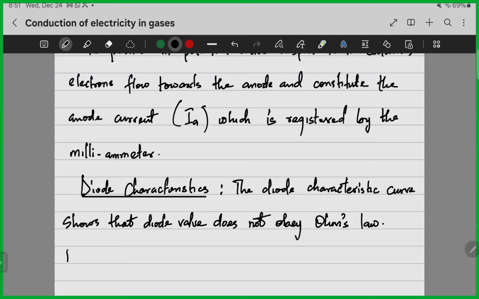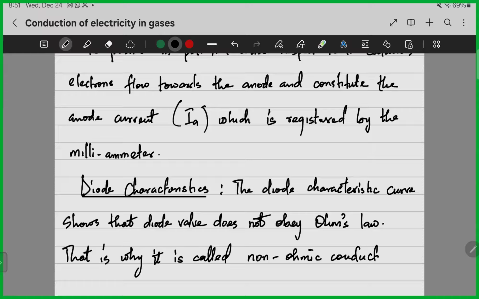That is why it is called a non-ohmic conductor. So the diode valve is called a non-ohmic conductor.